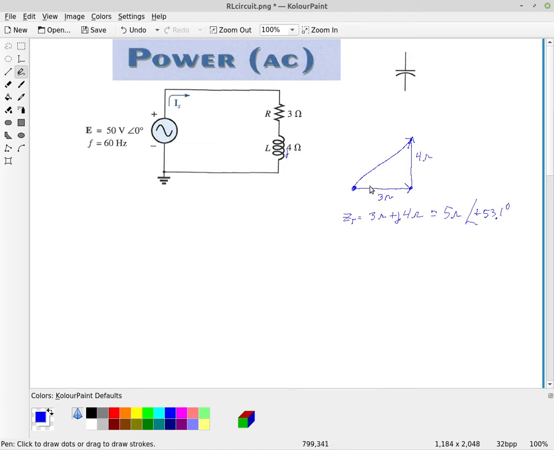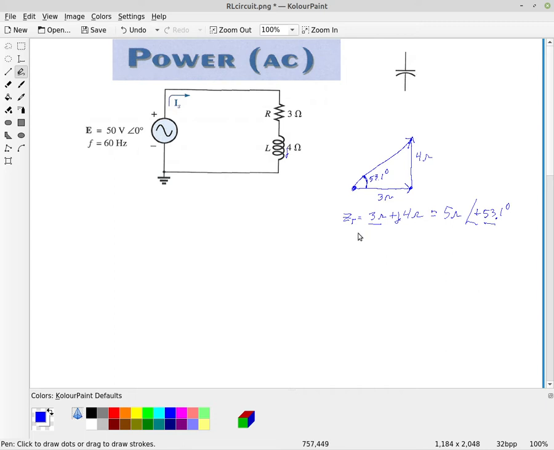Okay, so this is your standard 3, 4, 5 triangle, and this angle right here is the angle of that impedance, and so that's going to be 53.1 degrees there.